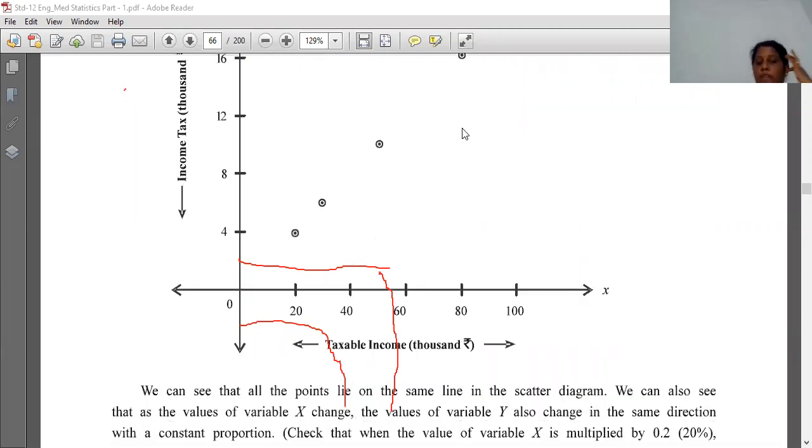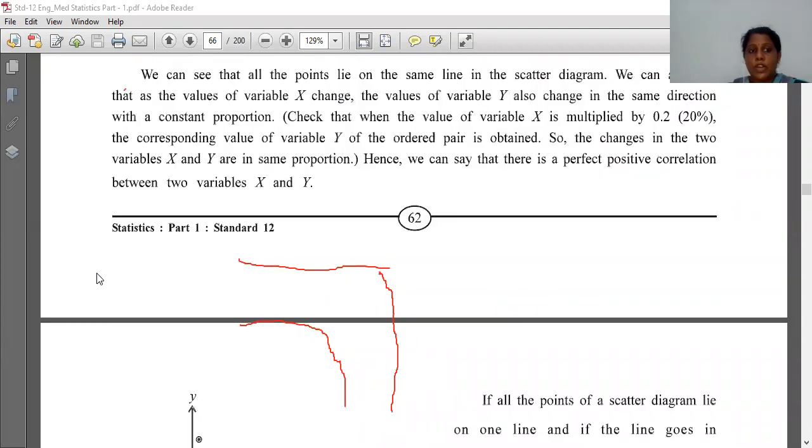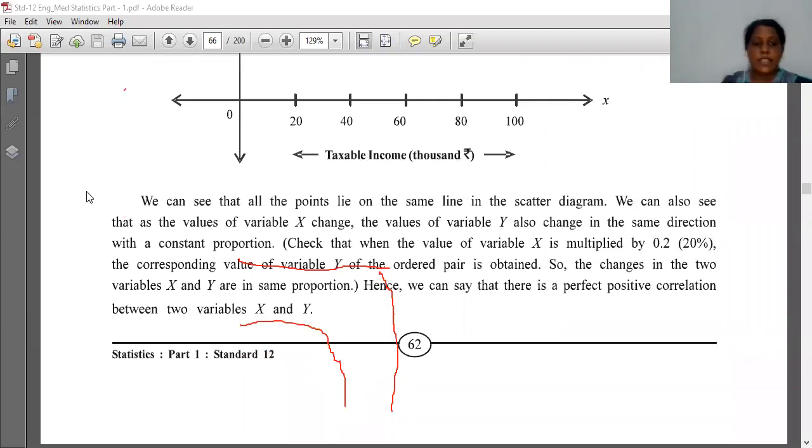When you plot all the numbers, at that time you will see that the points go from left to right in an upward direction. So at that time you can judge what type of correlation it is. We can see here, see the statement, that all the points lie on the same line in the scatter diagram. We can also see that as the values of the variable x change, the values of the variable y also change in the same direction with a constant proportion.